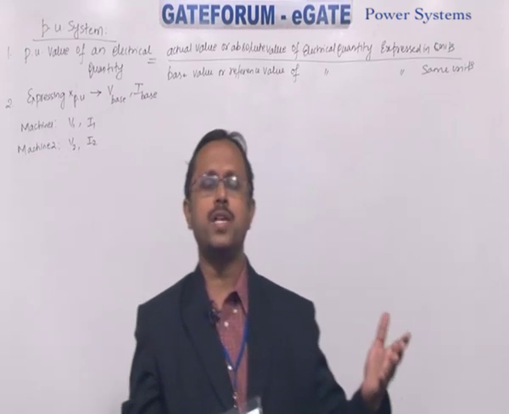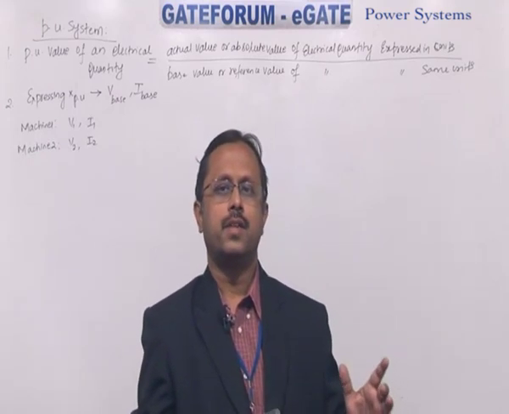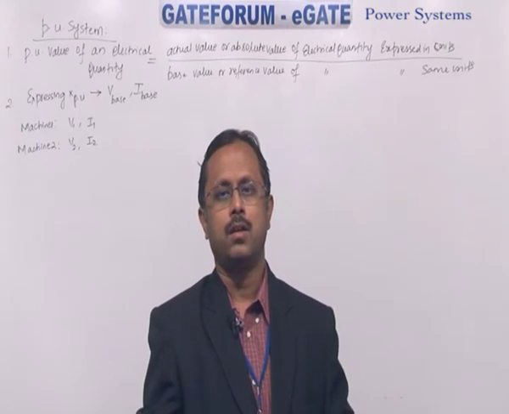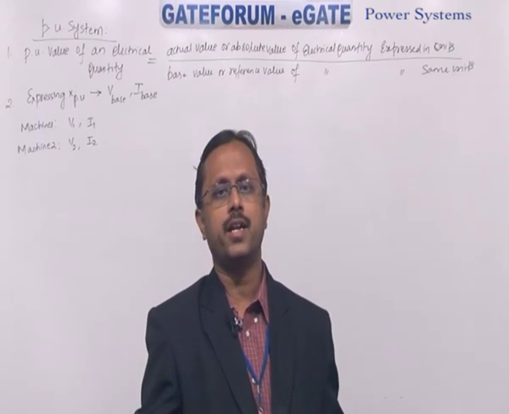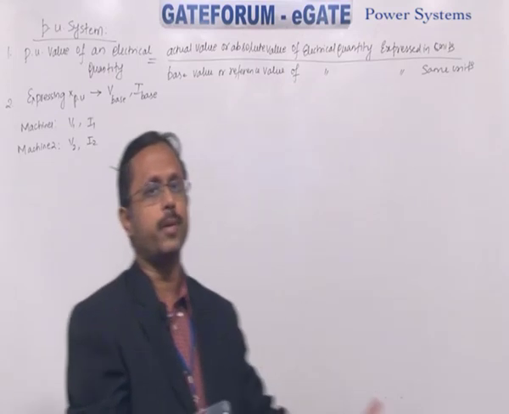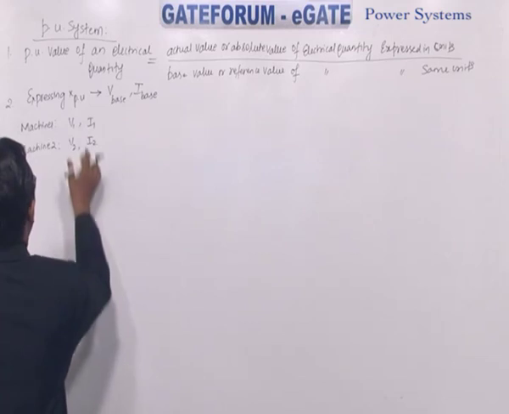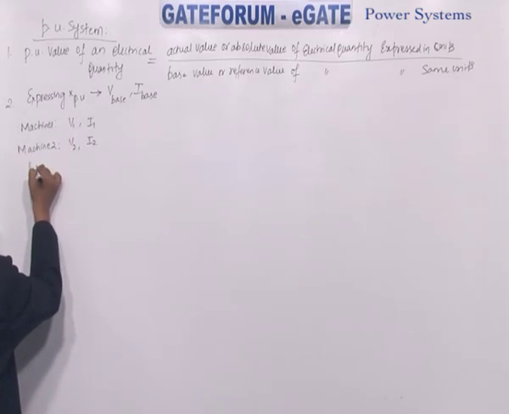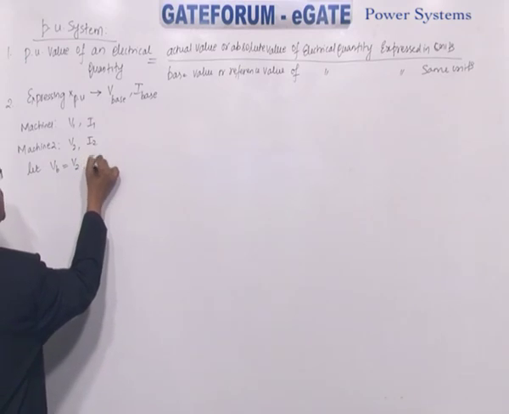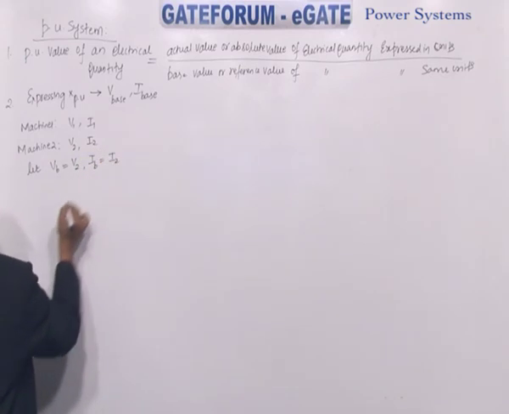Then how do you select base value? Selection of base value is optional. So you can select machine 1 ratings as base values or machine 2 ratings as base values. What are the machine 2 ratings? V2, take it as base voltage. Machine 2 current IB is I2.